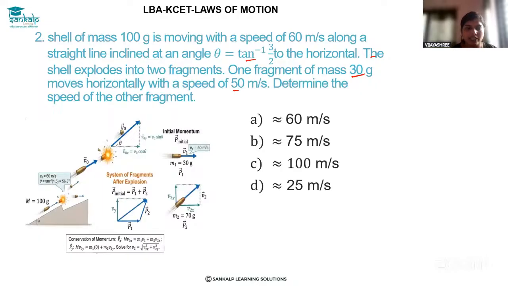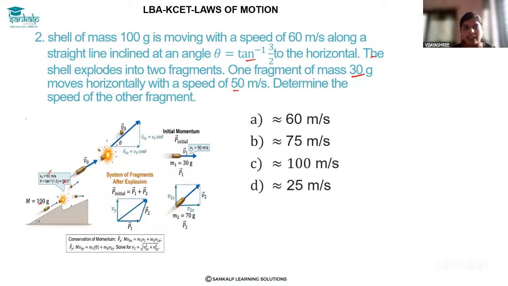So picture is, here you can see, here is a shell of mass 100 gram moving with the speed of 60 meter per second. So initial speed is 60 meter per second along a straight line inclined at angle theta is equal to tan inverse 3 by 2, that is tan inverse 1.5 which is equal to 56 degree.